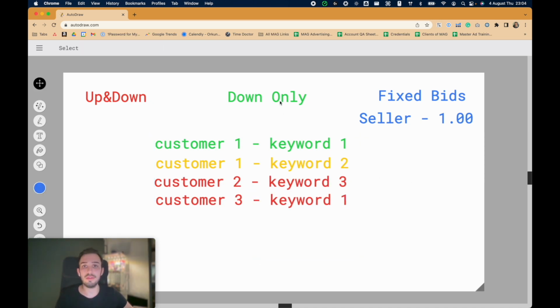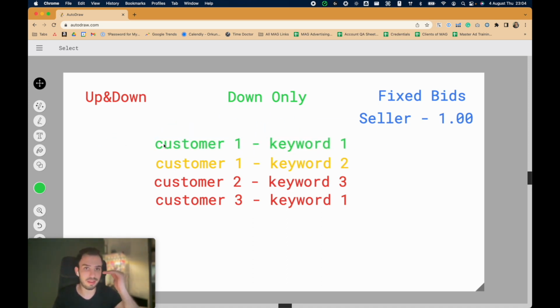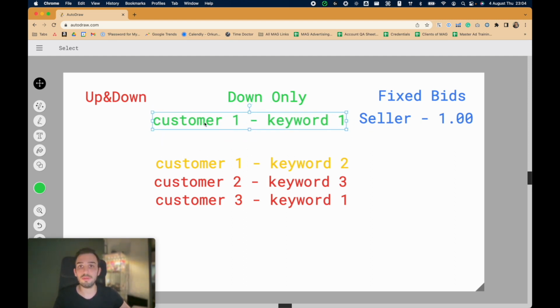So basically, with down only, Amazon is just going to choose which customer and keyword match you will be visible, or you will be in those auctions or not. So basically, the Amazon algorithm will choose for you. If the algorithm thinks that you will be converting well for this one, I mean the green one, then you will be shown.